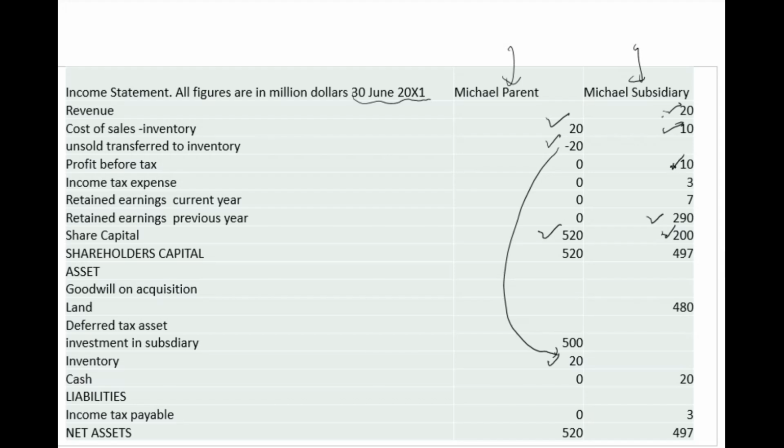On that, there's income tax expense at 30%, which is 3 million. And the retained earnings in Michael subsidiary is 7 million. And because Michael subsidiary has now entered into a transaction, there is income tax expense, and that income tax expense becomes income tax payable.